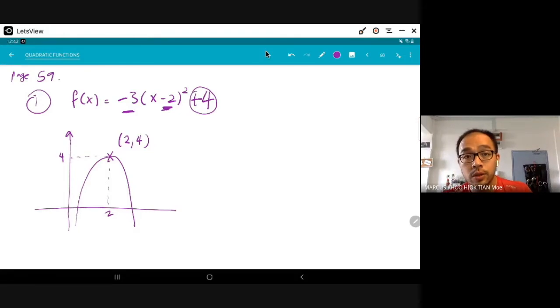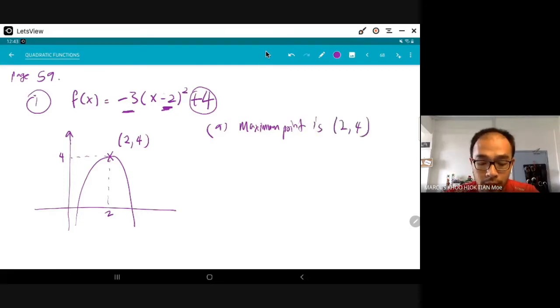So question A, determine the coordinate of the maximum point. The maximum point is 2 and 4. Ambil je koordinat x, but change the sign, and 4. The behind number lah. Then after that they say the equation of axis of symmetry. Axis of symmetry refers to this line.